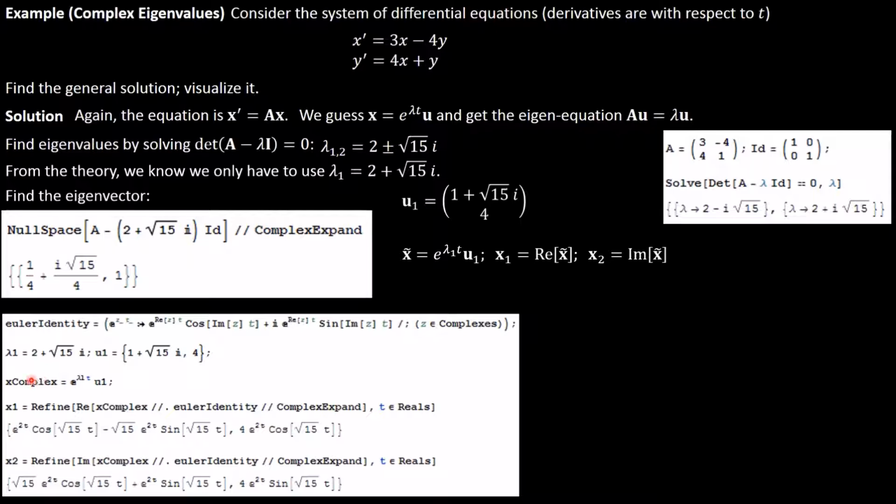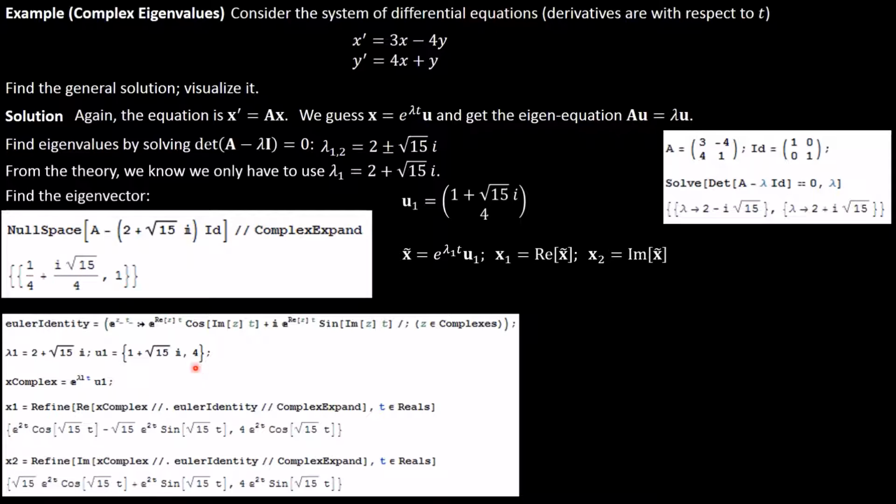Then we agreed that our eigenvalue was 2 plus root 15 i, and the corresponding eigenvector, after I took this and multiplied it by 4, because you can do that. There's an entire line of eigenvectors, so you don't have to use fractions. You can just use whole numbers.